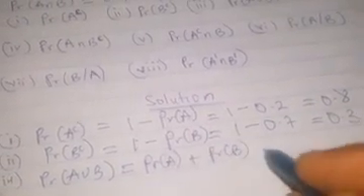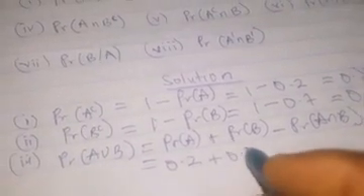Then the third question we are asked to find is probability of A union B. And we know, according to the addition rule, that probability of A union B is equal to probability of A plus probability of B minus probability of A intersection B, which is equal to 0.2 plus 0.7 minus 0.1, and that altogether will give us 0.8.